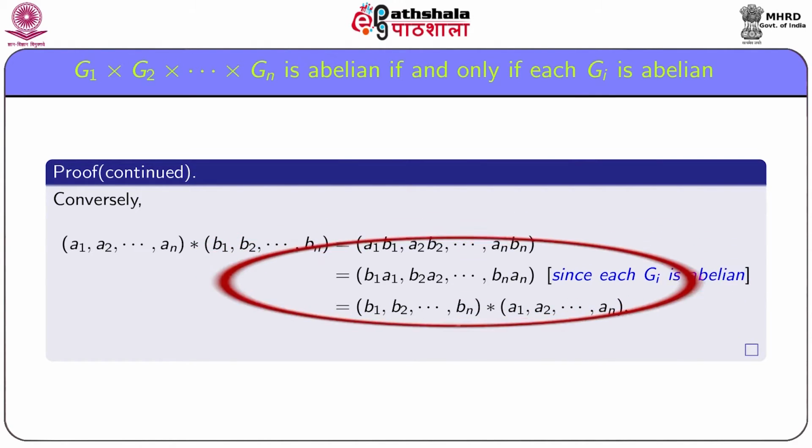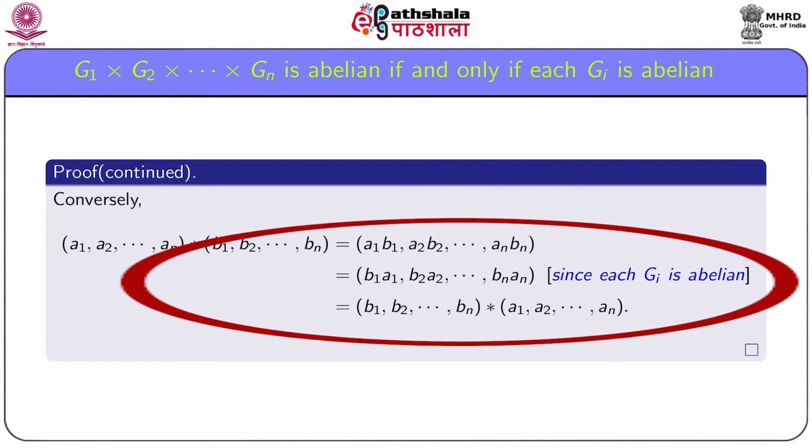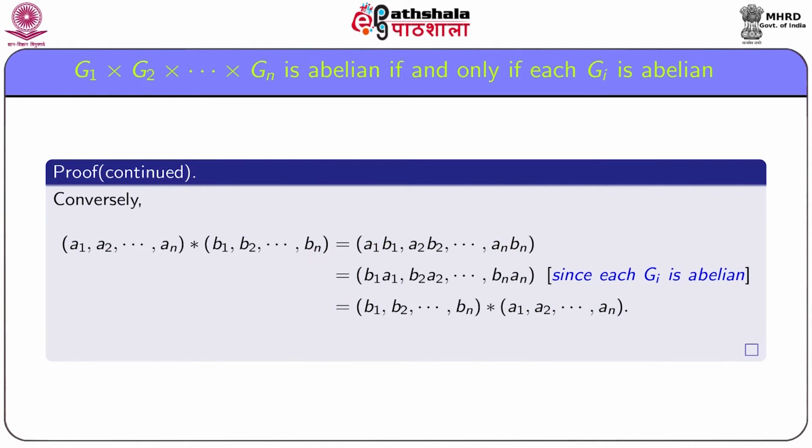Some of them may be product, some of them may be addition, some of them may be star, and so on. But since each Gi is abelian, we can write a1b1 is equal to b1a1, a2b2 is equal to b2a2, and anbn is equal to bnan. So, it is very important that each Gi is abelian, and hence we get (b1, b2, ..., bn)(a1, a2, ..., an). Thus, the Cartesian product becomes a commutative group.